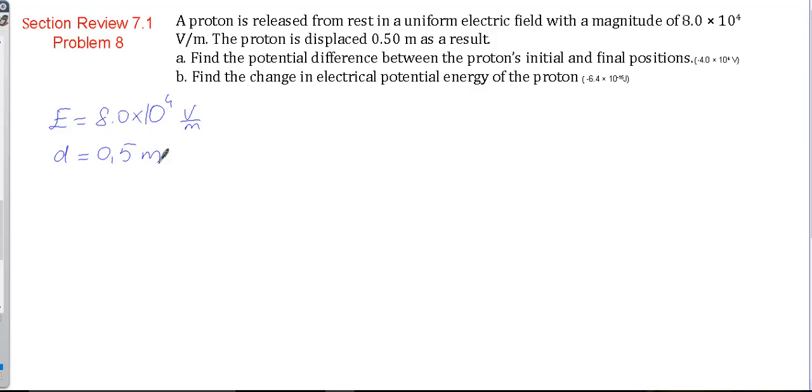Pay attention, the proton is displaced, it is moved by the field. Find A, the potential difference, delta V wanted. B, find the change in electric potential energy, delta PE wanted.